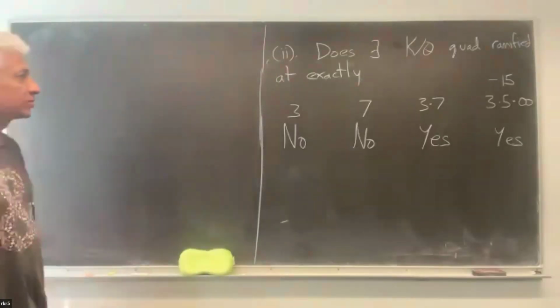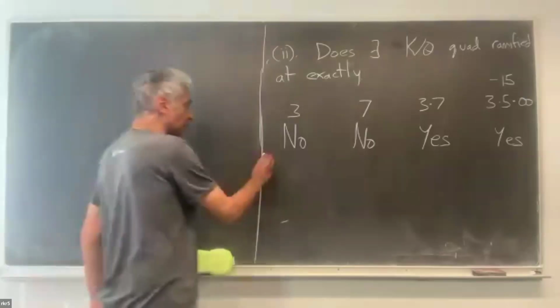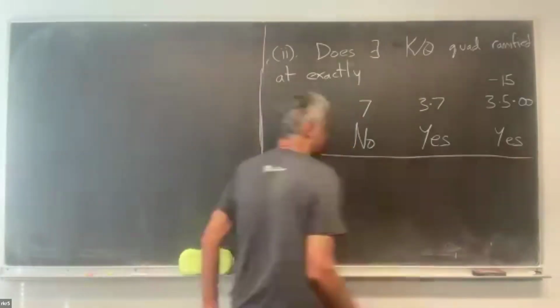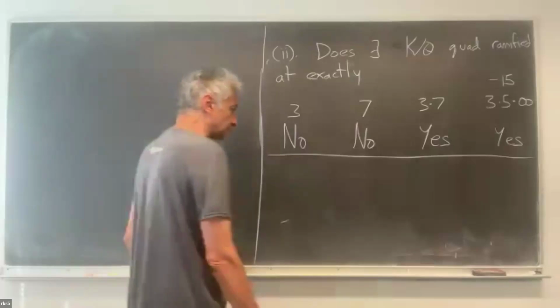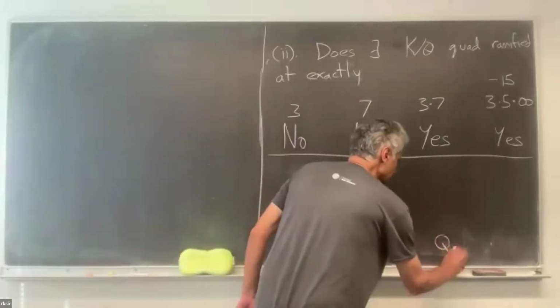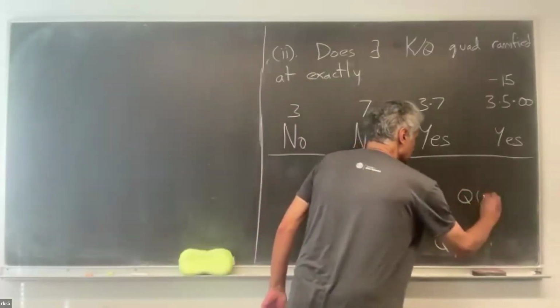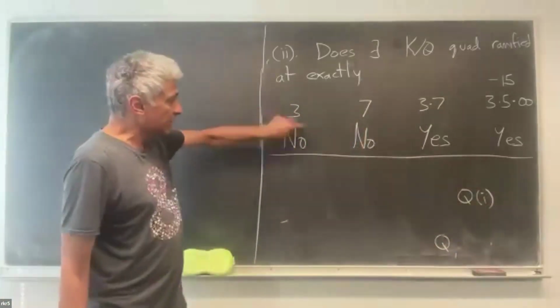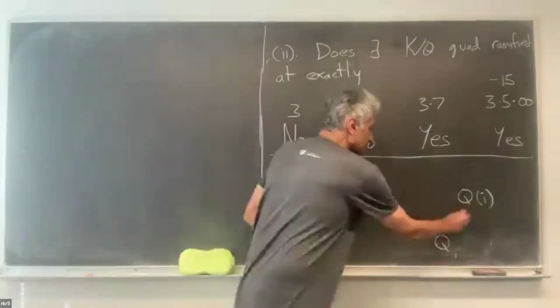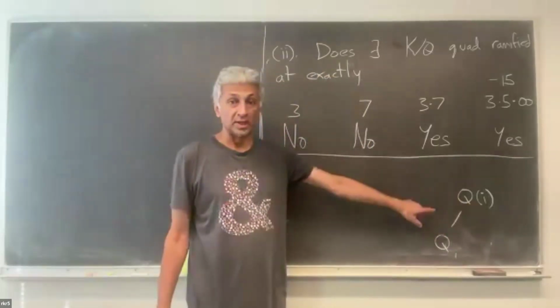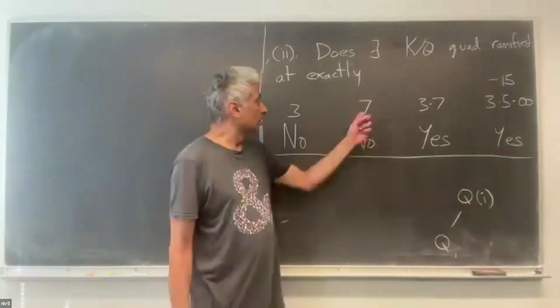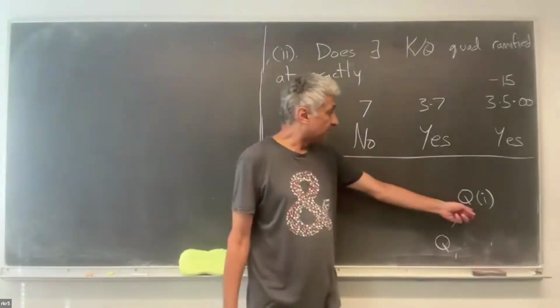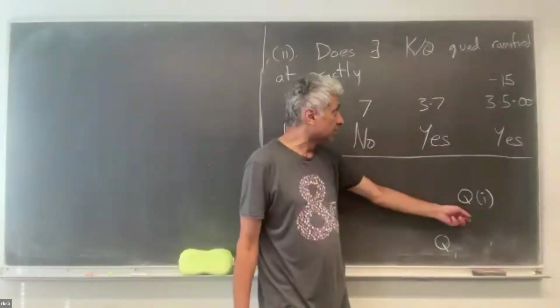So we have the answer to these questions, but I actually don't think that this is the right way to think about it. So what I want to do is look at Q and Q adjoin i. Frobenius at 3 in this extension is non-trivial. 3 does not split, nor does 7. 5 does split, so its Frobenius is trivial.